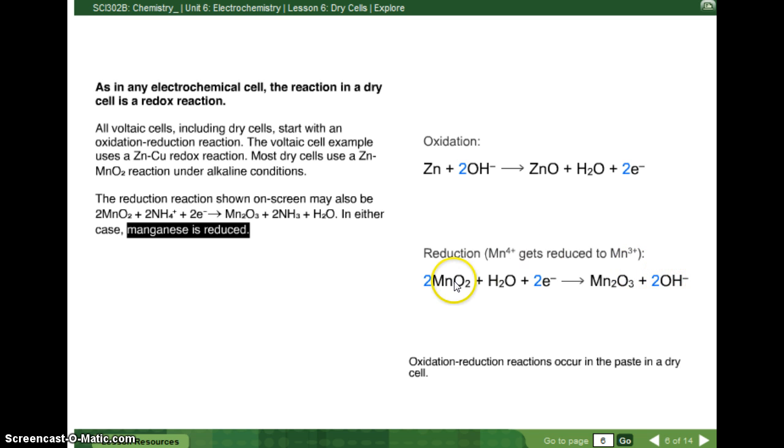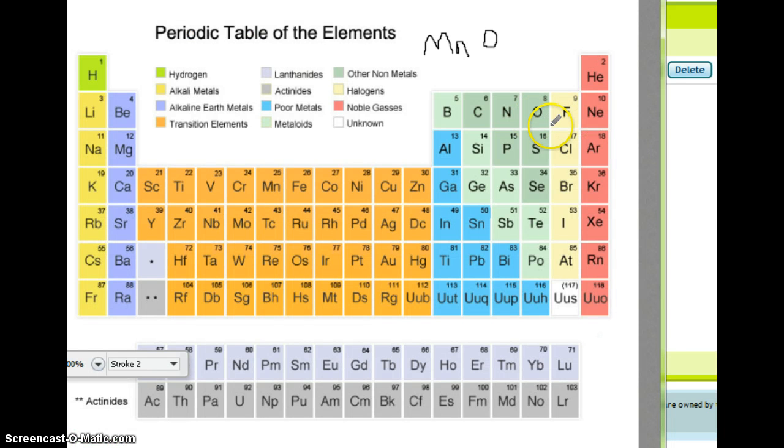All right, we know manganese has a charge of plus 4 because, do you guys remember back when we had to make chemical formulas? Okay, so if we look on the periodic table, oxygen is in group 6A. So it has how many valence electrons? It has 6 valence electrons. So how many more does it need? It needs to gain 2.